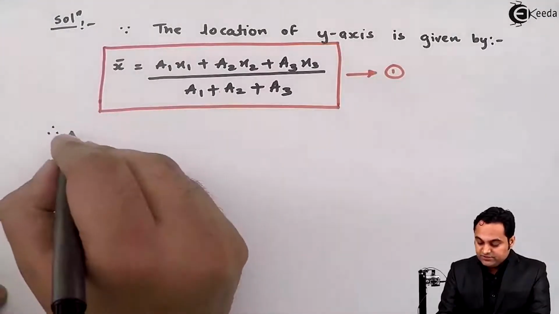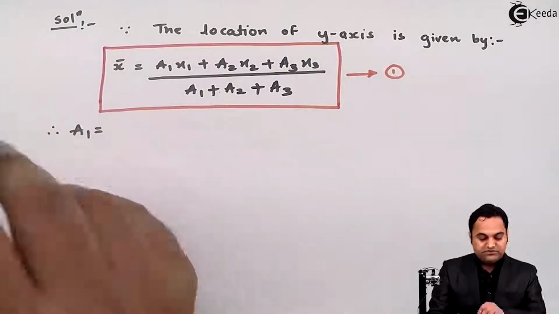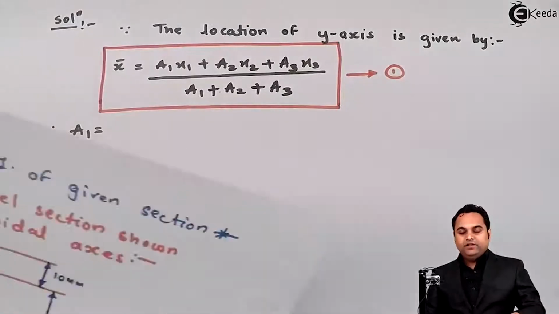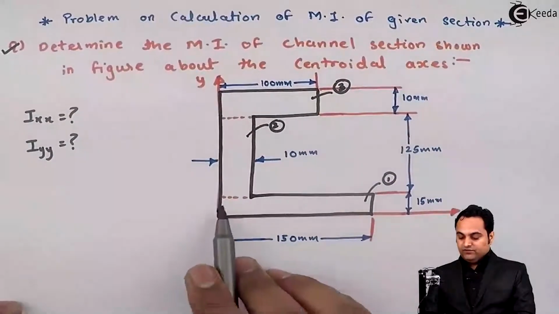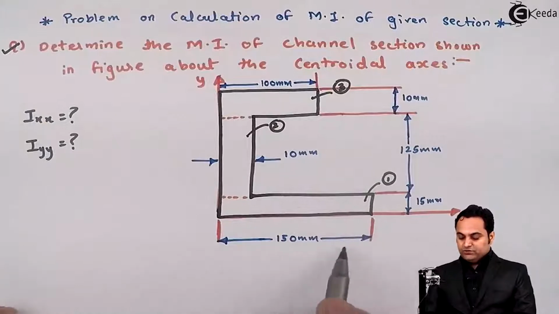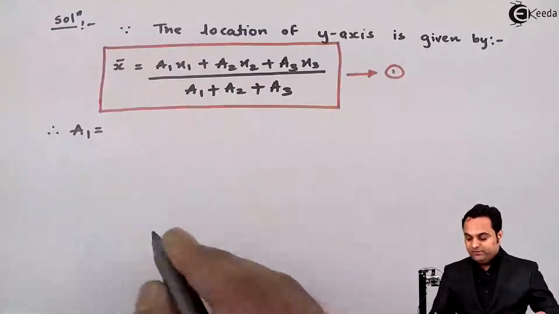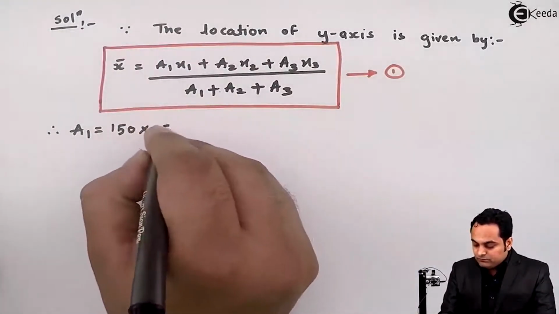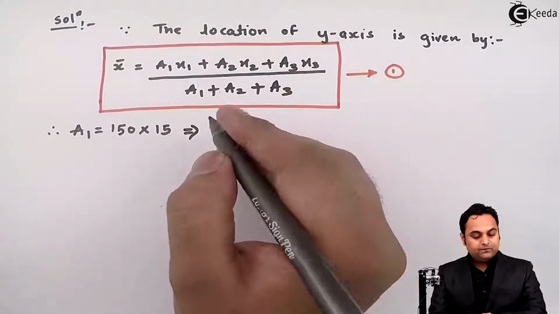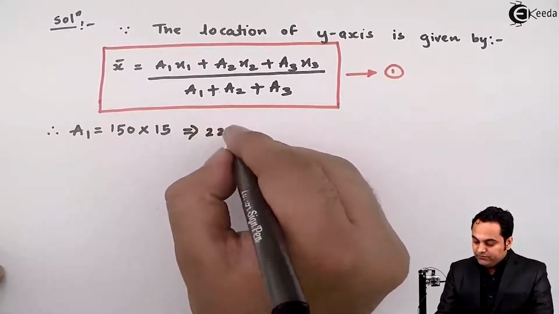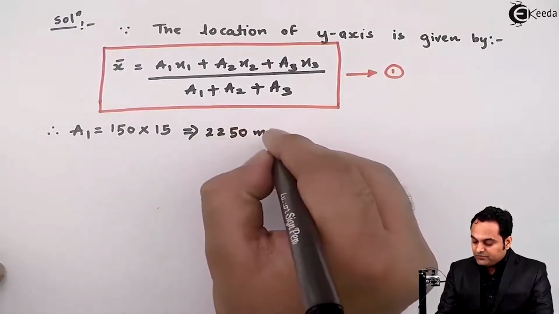The first thing is area 1, which is a1, and that will be equal to, here we have the first rectangle, its width is 150 and height is 15, so it is 150 into 15. So area 1 is 2250 mm square.